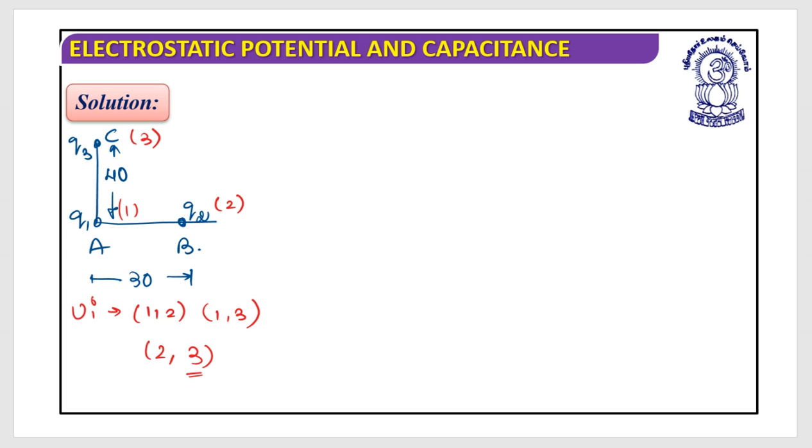Now the situation will look something like this. It's Q1, it's Q2. Initially Q3 was here and it is moving in a circular arc, something like this. This is Q3. The separation between them was 30 and this is 10 more.